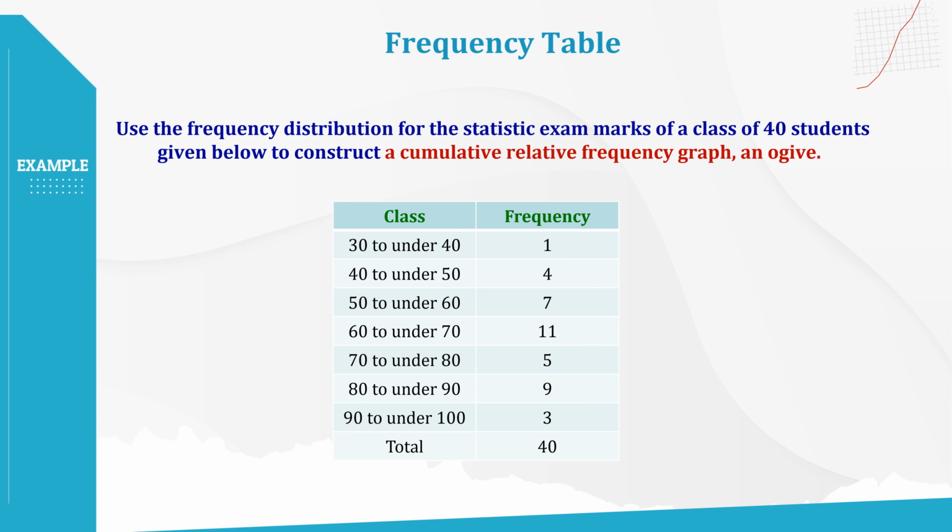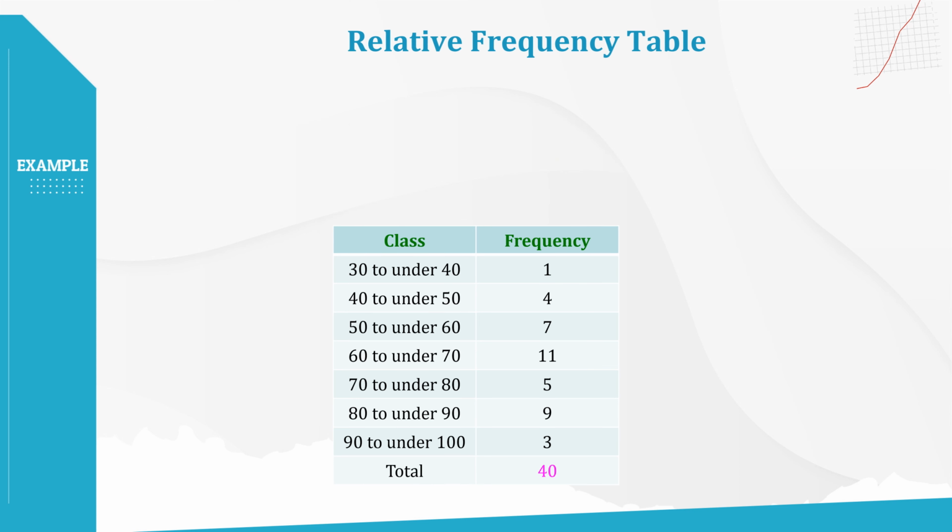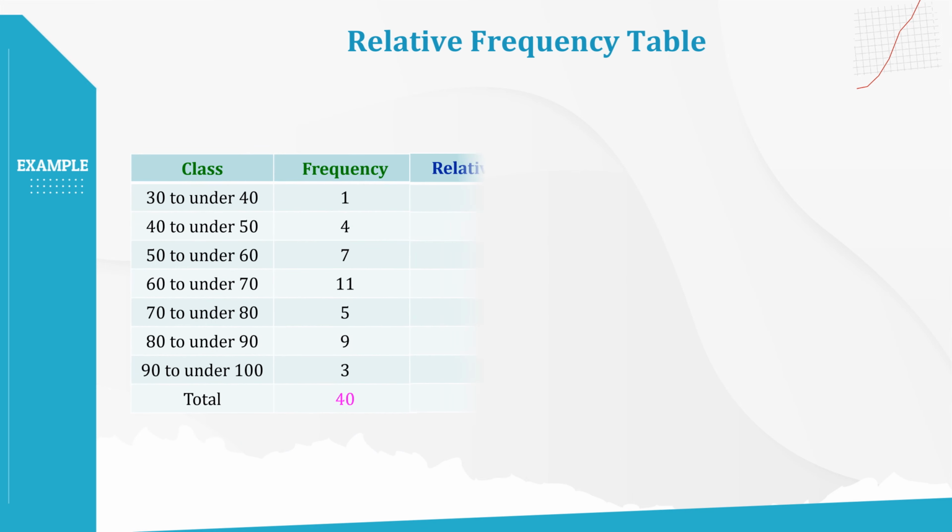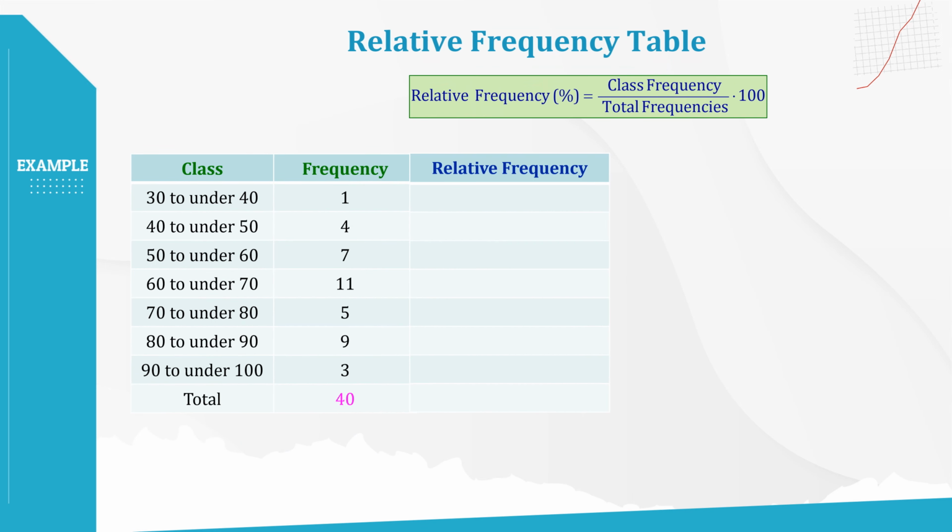This table shows the distribution of statistics exam marks in a class. The frequencies are already filled out, so we'll need to create a relative frequency column next. Let's add another column, relative frequency, to our existing table.